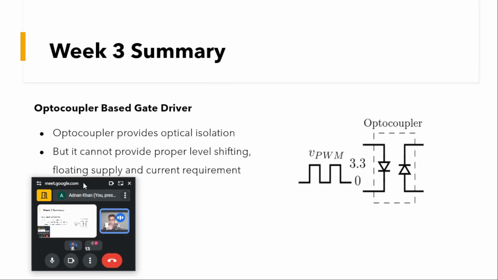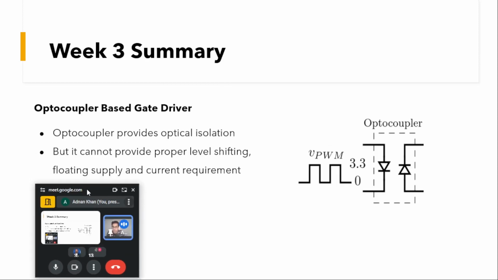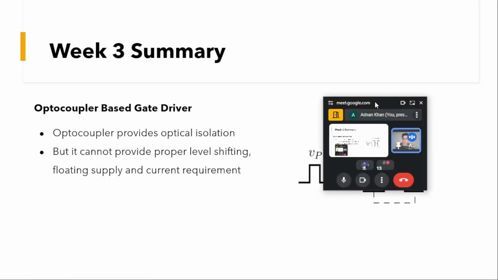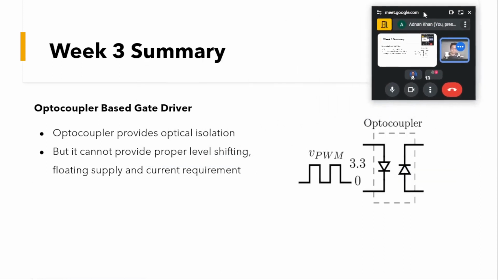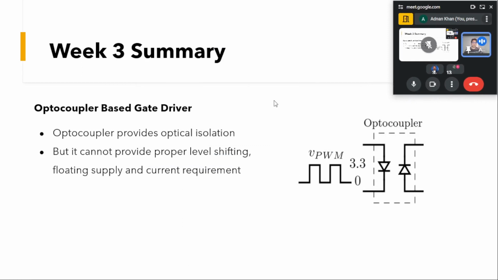Now we will see one of the gate drivers that is used in order to drive the devices, that is the optocoupler based gate driver. As you can see by the name itself, optocoupler, this is an optical isolation that is provided from one side to the other.